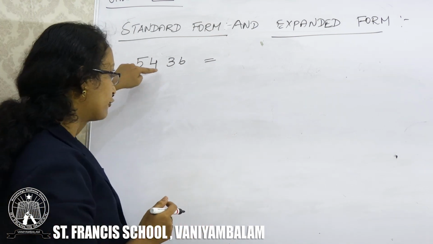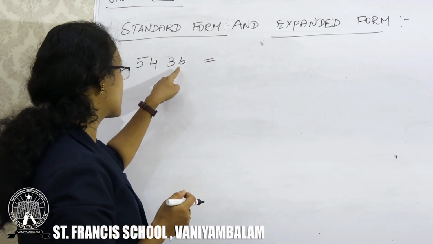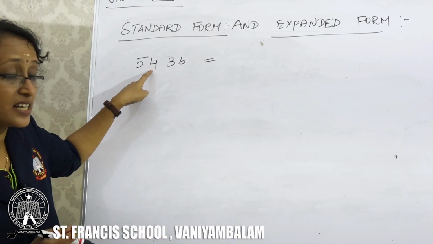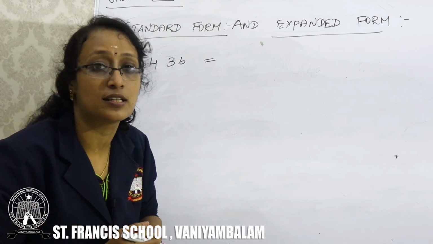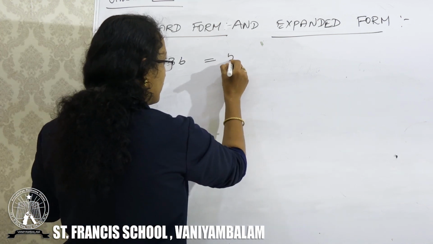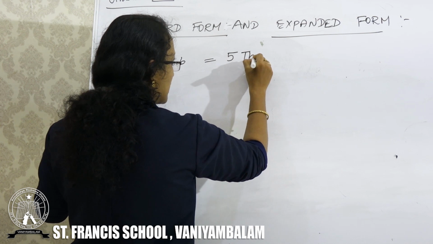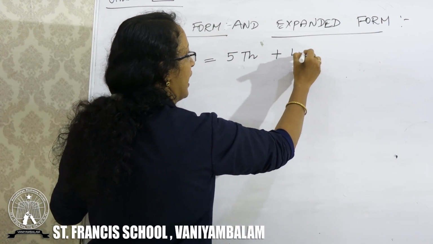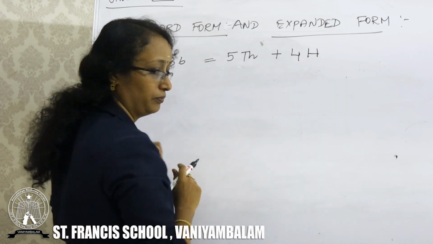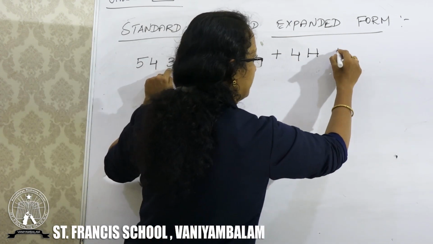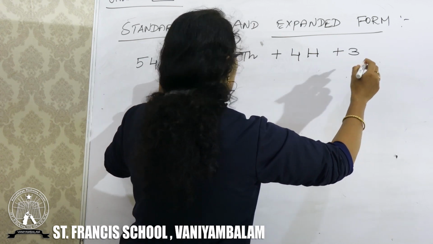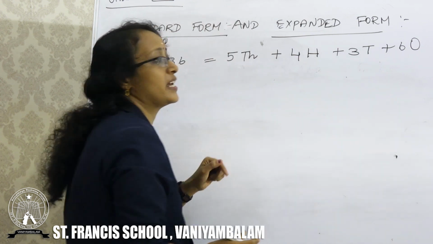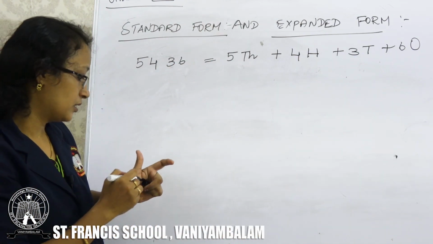Standard form means 5436, right? Here 6 is in ones place, 3 is in tens place, 4 is in hundreds place, and 5 is in thousands place, right?